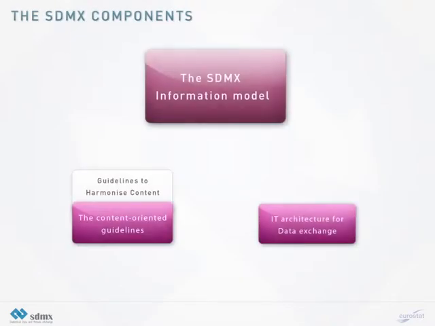SDMX is a standard, but how is it implemented in real life? We will deal with three components of the SDMX standard: the SDMX information model, the content-oriented guidelines, and the IT architecture for the data exchange.